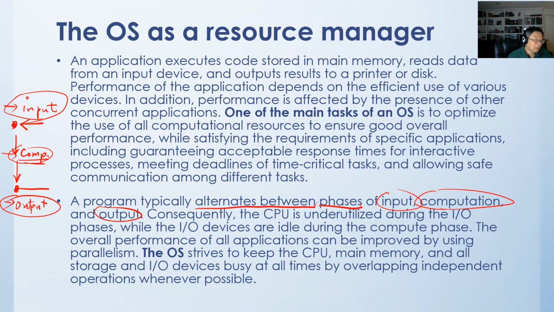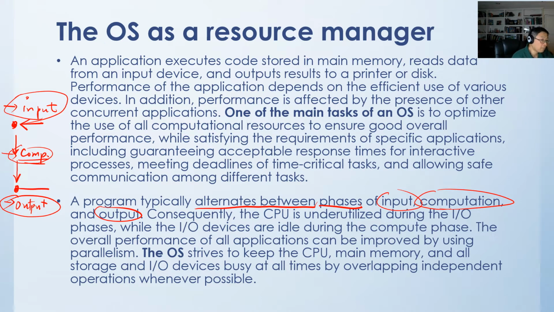Now if you run multiple programs on a computer system, somehow you need to record which program is using which resources. Then the computer can optimize the use of all computational resources to ensure good overall performance.